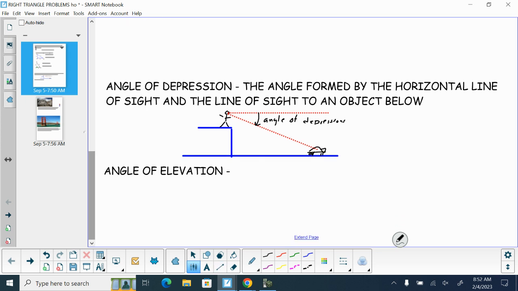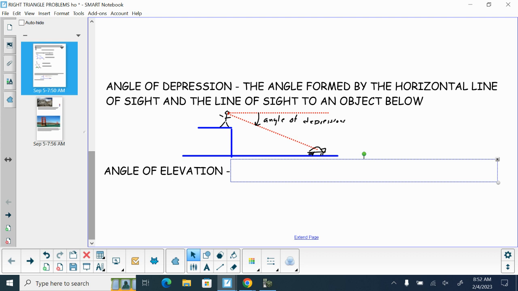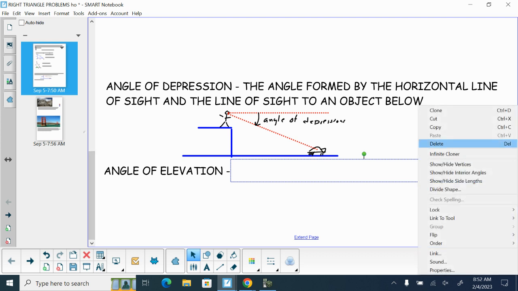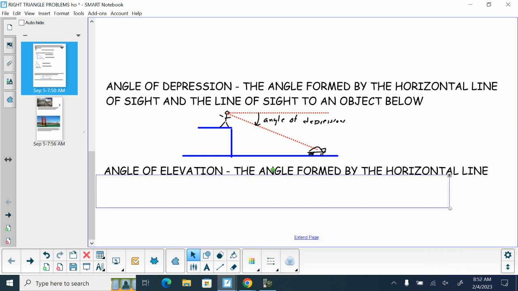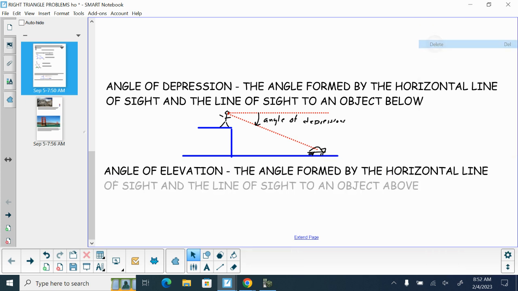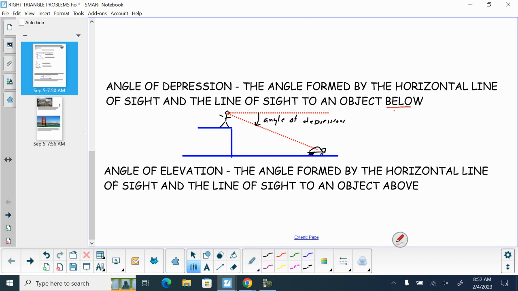Another term that will be utilized in these problems is what is called an angle of elevation. It's the exact same definition, except we change the last word from below to above. And I know we're not supposed to end sentences with above and below, but I do. I'm in math class.